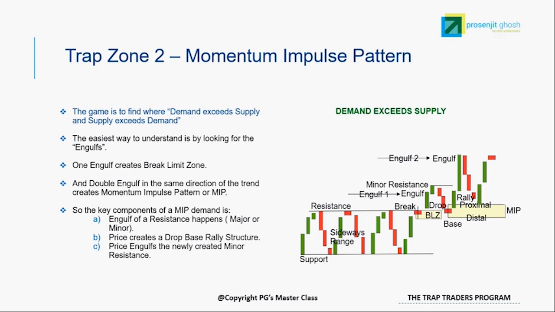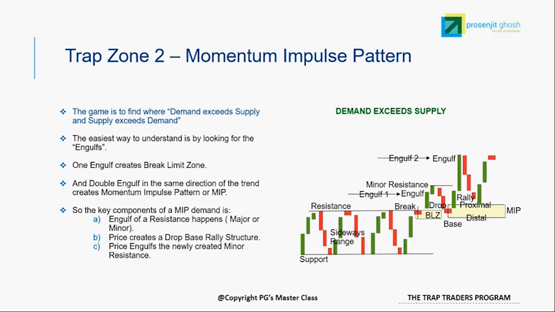Friends, last day we learned the break limit zone. Break limit zone is created with the price structures rally base rally and drop base drop. But MIPs are created by drop base rally structure and rally base drop structure.